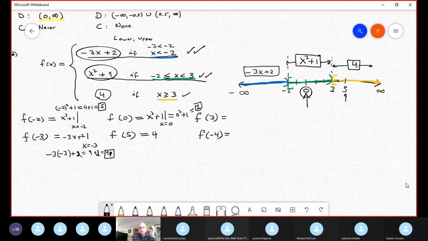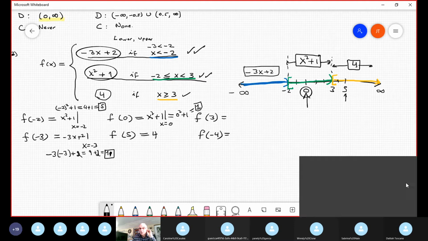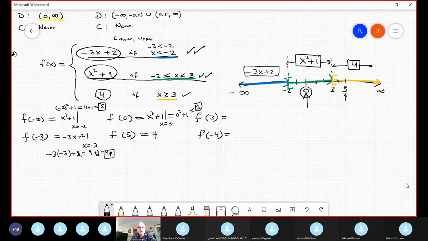Okay, and 3. What about 3? Does 3 belong to the blue, green, or yellow? Yellow, of course, because look, the detail is important in this case. Equal sign here, no equal sign here.